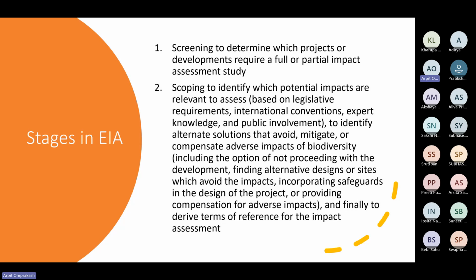Whereas other projects that are much bigger and might have bigger impacts, such as a big dam, will be screened in for environmental impact assessment. Then the second step is scoping, to identify which potential impacts are relevant to assess. So for a dam, what all things do you need to assess?